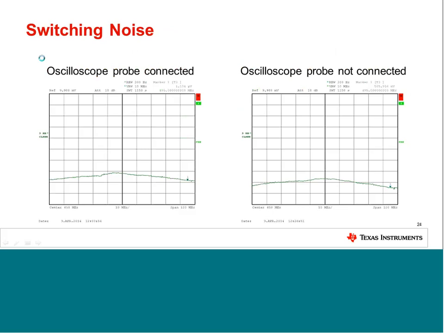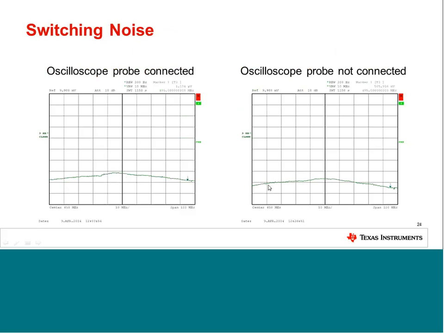In addition to that, if you look at the spectrum of the input voltage with a spectrum analyzer while you do this experiment of probing the switch node, you can see a difference in the spectrum. This is when you have the probe attached, with a certain level of noise.